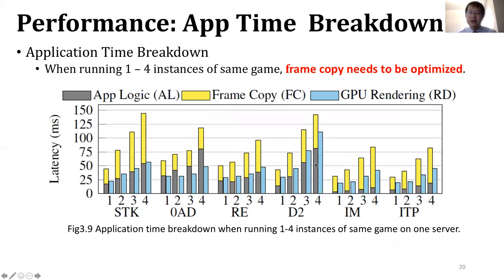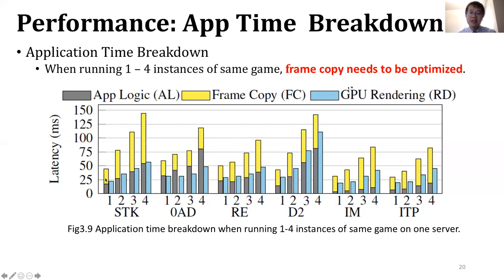This figure shows the breakdown of application time. The green bar is the time spent on application logic, and the yellow bar is frame copy time, and the blue bar is the rendering time for a frame. Since the application logic runs in parallel with GPU rendering, application time is actually decided by application logic time plus the frame copy time.